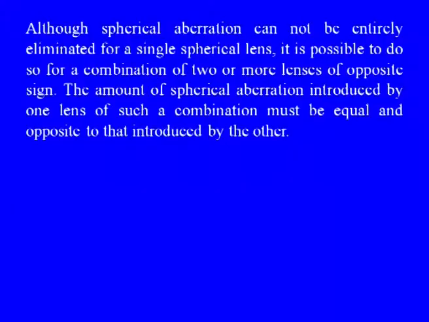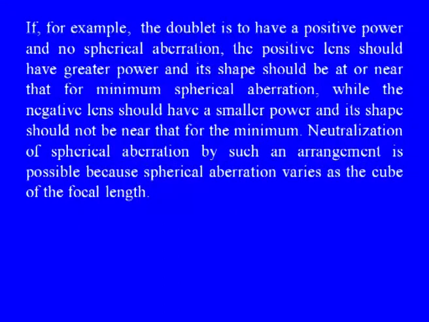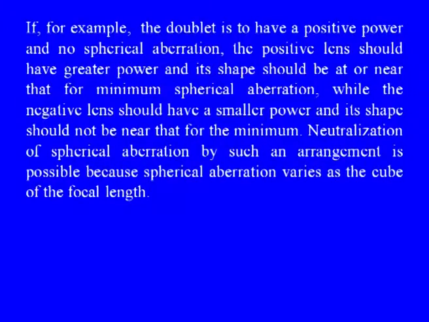We want to cancel out the effect. The amount of spherical aberration introduced by one lens of such a combination must be equal and opposite to that introduced by the other. If, for example, the doublet is to have a positive power and no spherical aberration, the positive lens should have a greater power. Positive lens means a converging lens, and its shape should be at or near that for a minimum spherical aberration, while the negative lens, which is the concave lens, should have a smaller power and its shape should not be near that for the minimum.